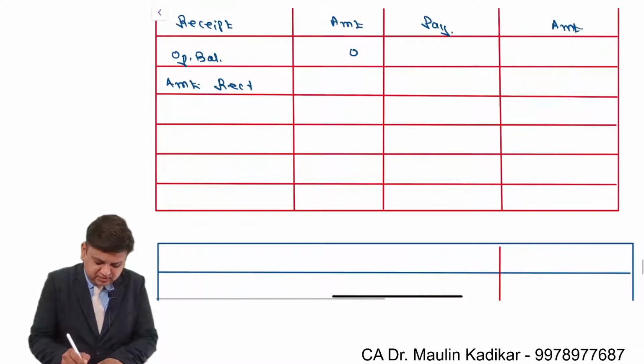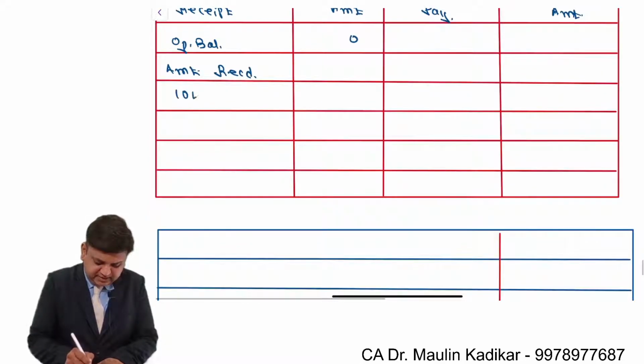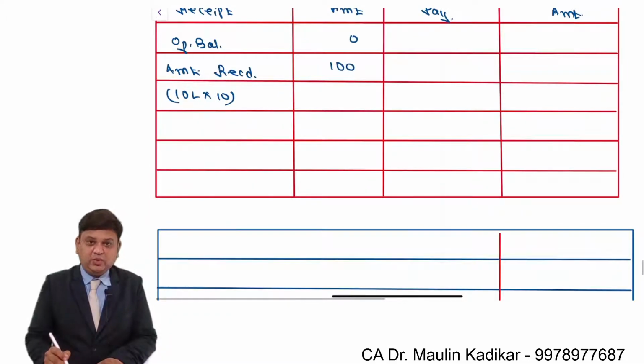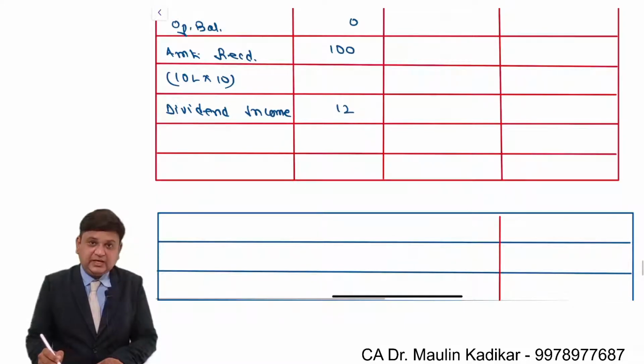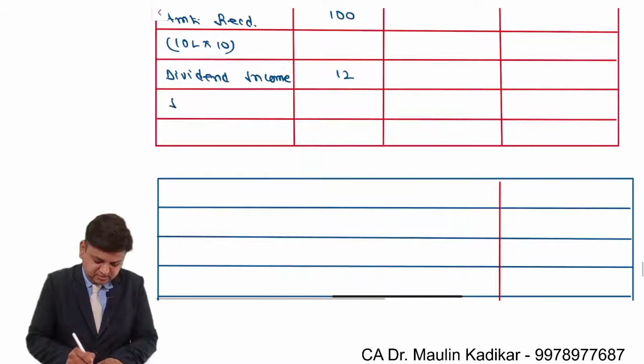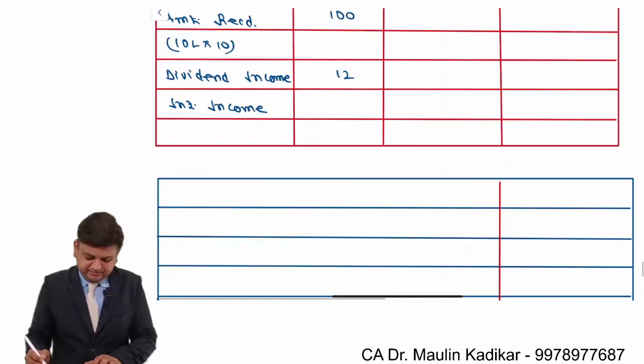Amount received: 10 lakh number of units at the rate of 10, that is 100 lakhs. Dividend income, an amount of 12 lakhs. Then interest income.